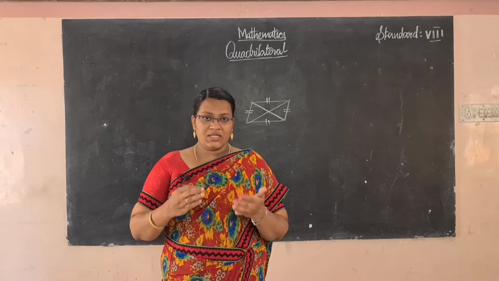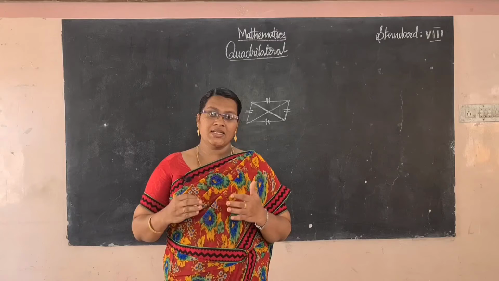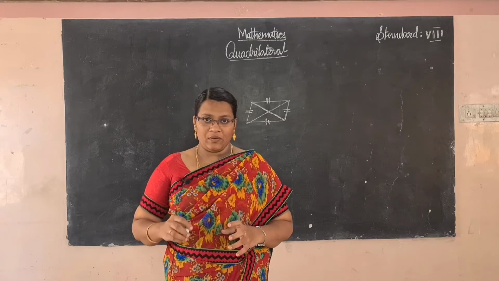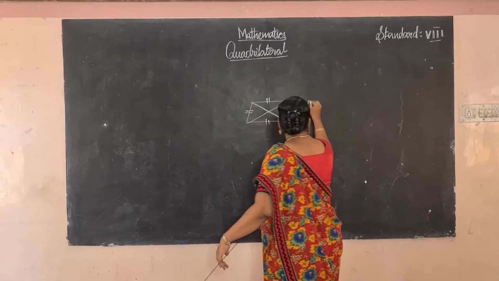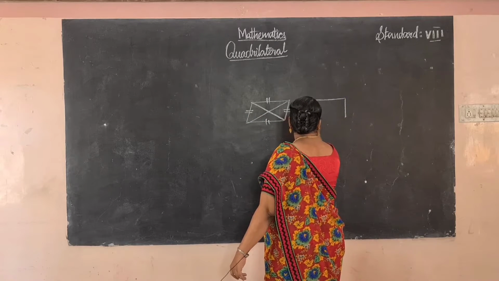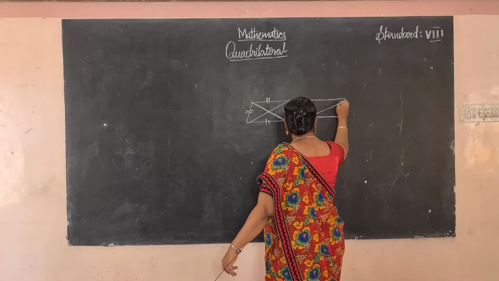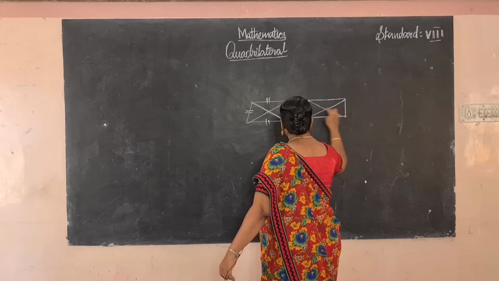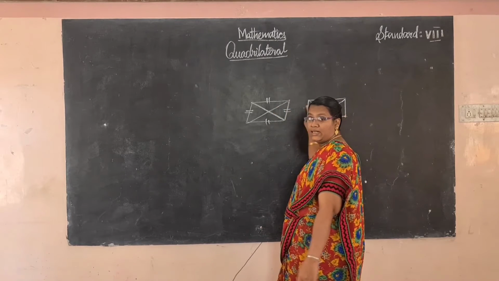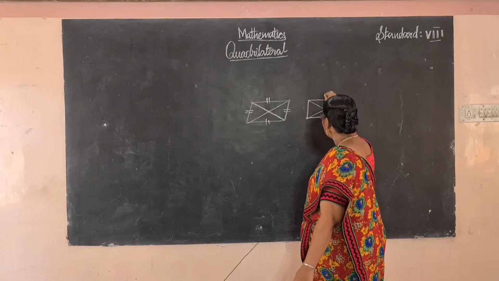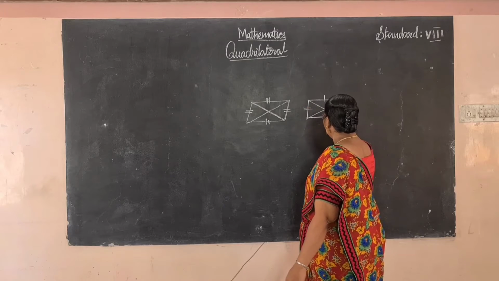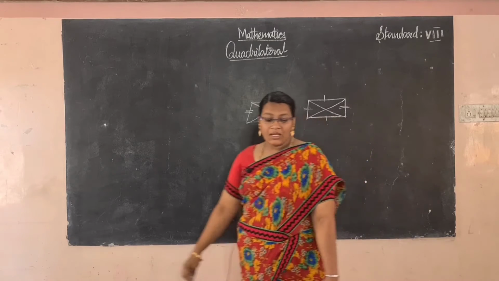Okay, that is a rectangle. The length of the diagonals are equal, and opposite sides are equal.